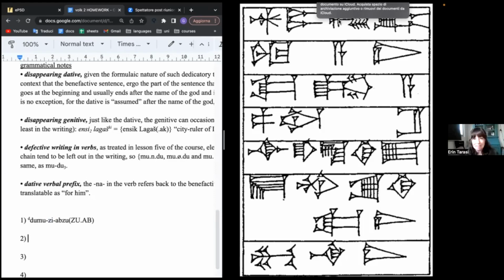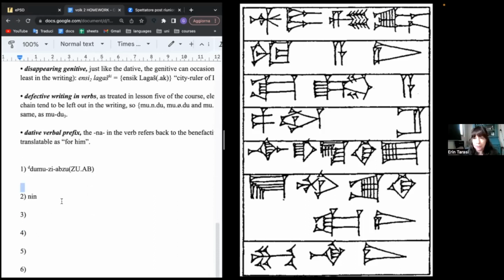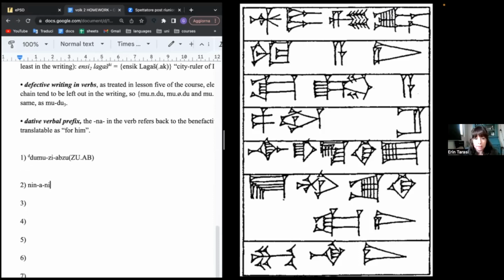I can take it. All right. So the first sign is nin, which means lady or mistress. Very good. And then ani, so his mistress. All right, let's actually do the translation and the analysis after the line itself.